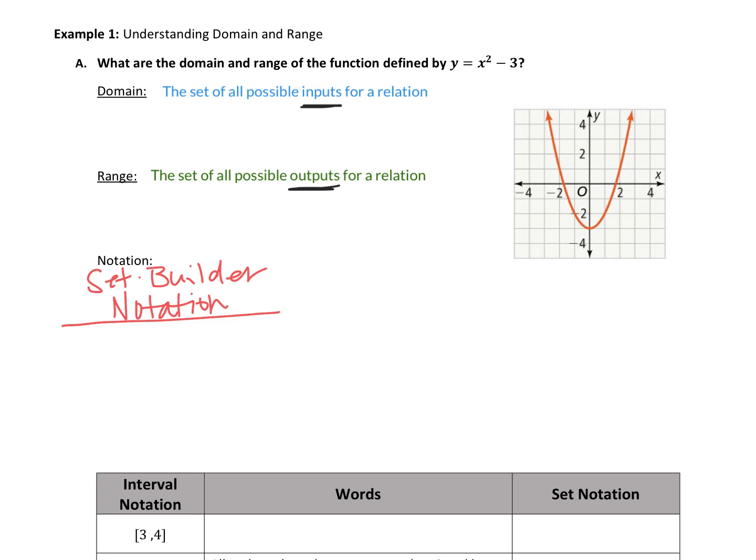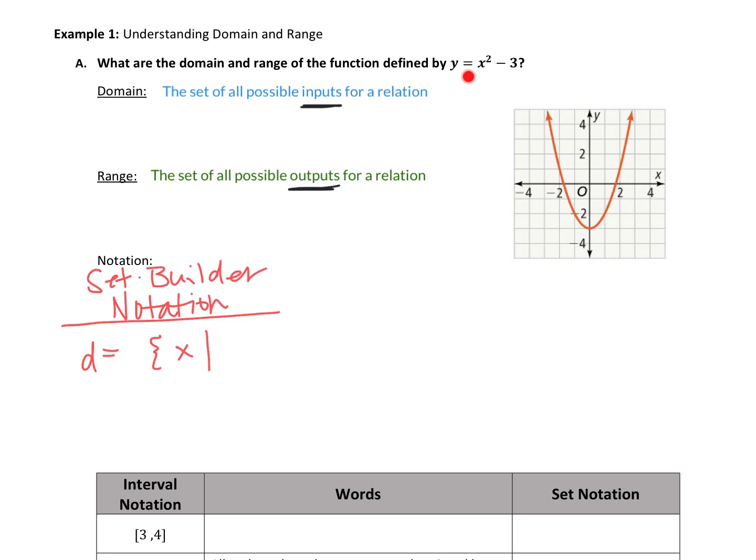All right, so what that's going to look like for our domain, I'm just going to use a domain. So it starts with a bracket, and domain is going to be your x values. So x, and then it gets a bar like that. So what this means is the set of all x values such that, and then what are we going to say about the x's?